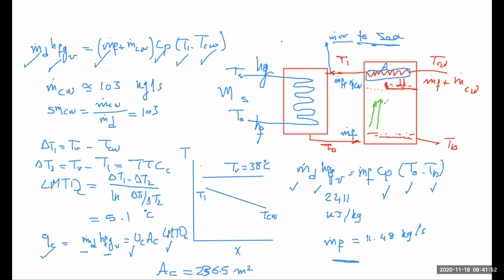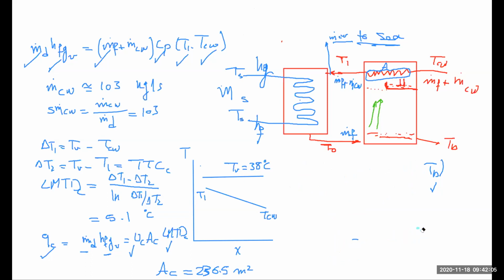Then I'm going to leave it to you as an exercise to calculate the heat transfer area for the brine heater. If you remember, Q for the brine heater is nothing but m dot steam into HFG of steam. This is going to be in balance with the overall heat transfer coefficient in the brine heater, 2.5, times the area in the brine heater, times the log mean temperature difference in the brine heater.